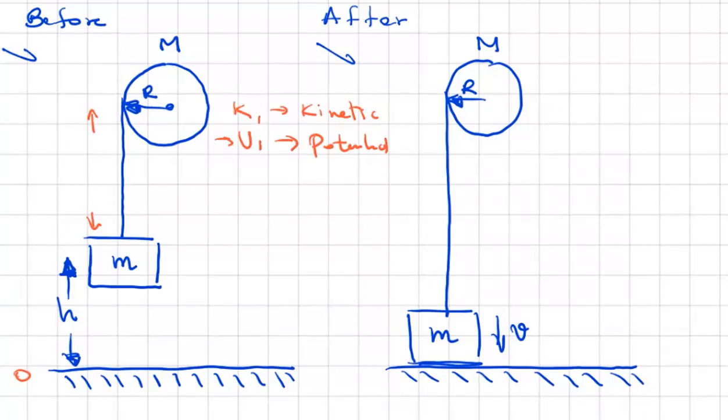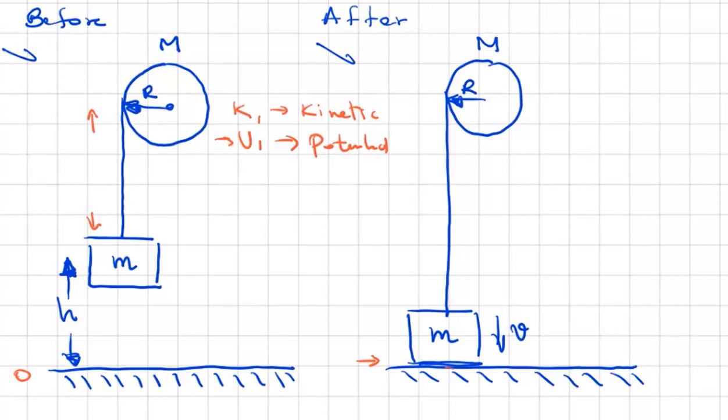When the block has fallen the distance h, right before the block hits the floor, it has a speed v, right? A speed v.